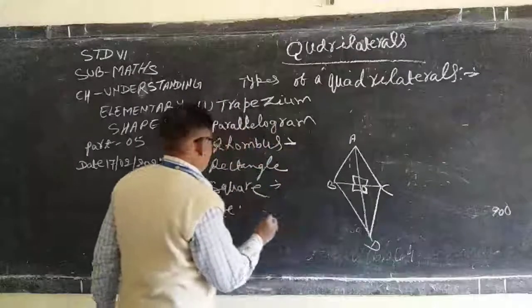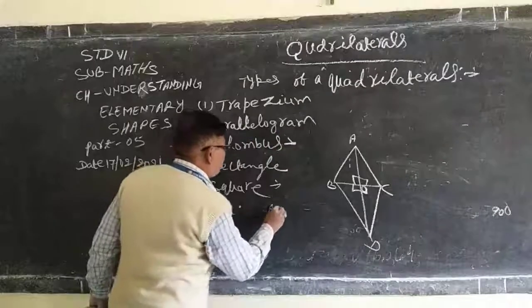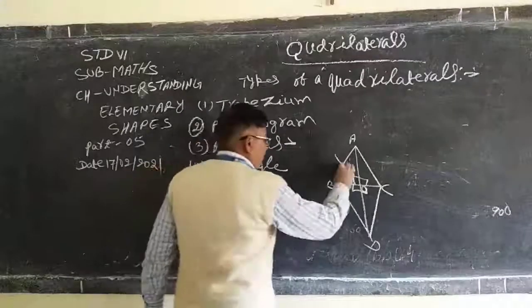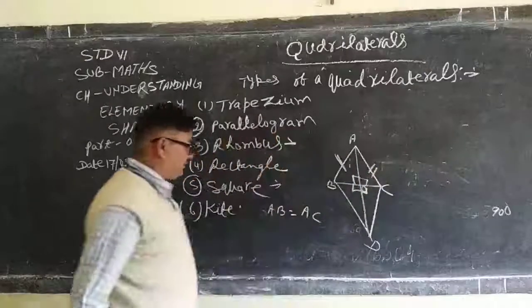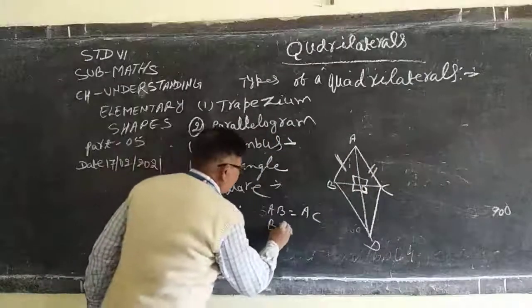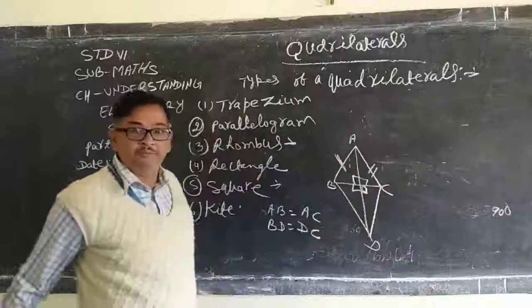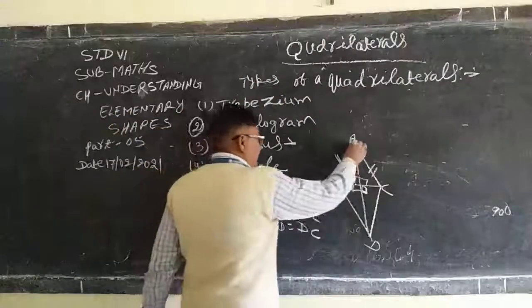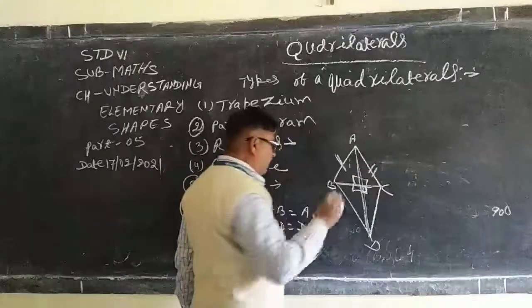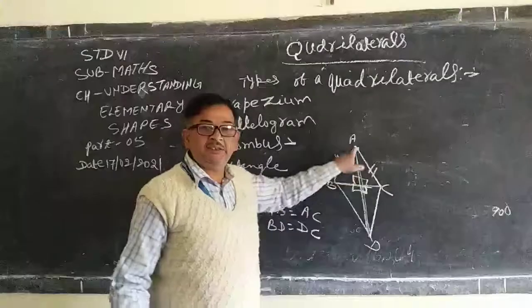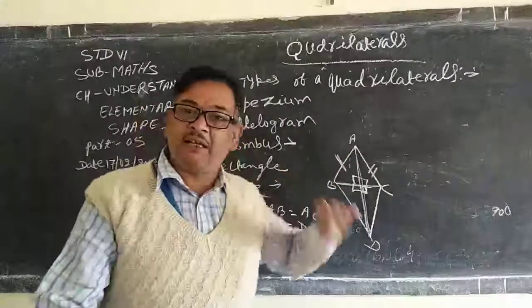It means in a kite, AB is equal to AC, and BD is equal to DC. And the diagonal is a perpendicular bisector. Clear?